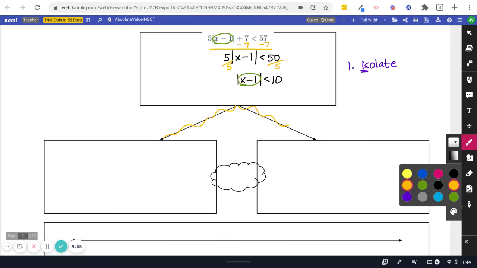On one side of the unlock, we've got it regular. On the other side, notice the x minus 1, x minus 1, x minus 1, it does not change. Okay, so then the x minus 1, we're going to solve that.